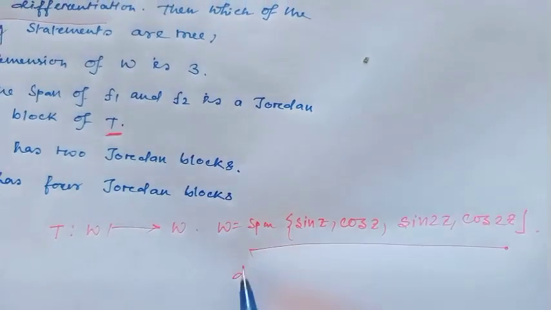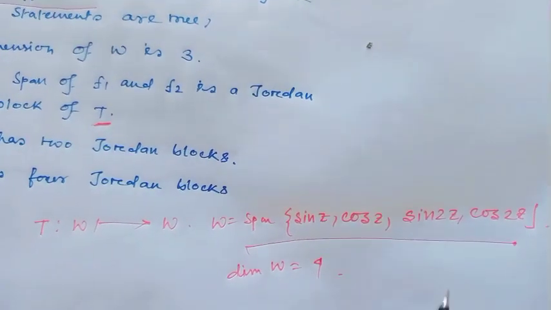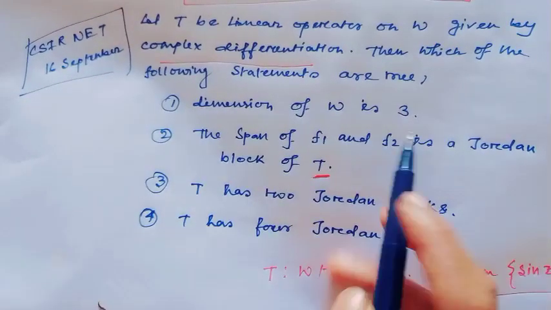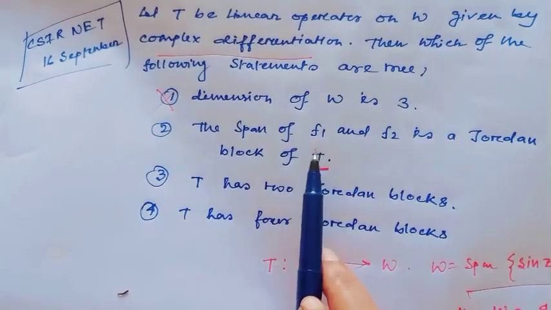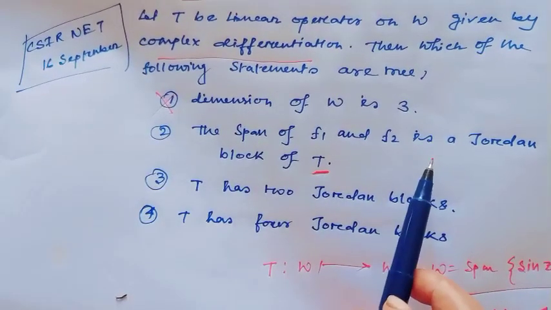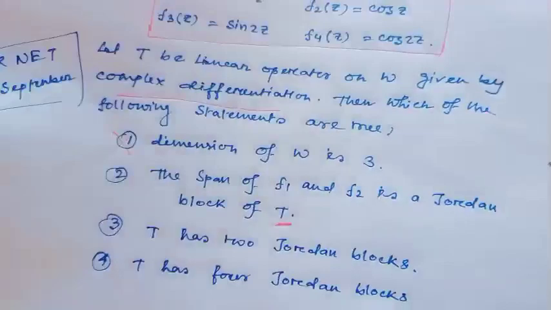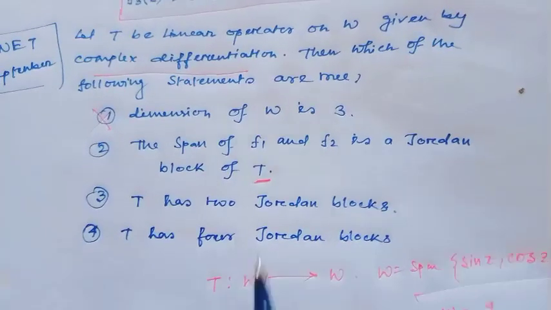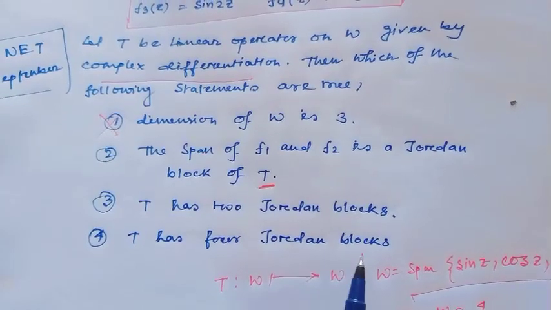So, the dimension of W is 4. Have you understood? Okay. Now let's see the question. Here the first option says the dimension of W is 3. This is the wrong option. Option 2 says the span of f1 and f2, where f1 is sin z and f2 is cos z, is a Jordan block of this linear transformation T. Option 3, T has 2 Jordan blocks. And option 4 says T has 4 Jordan blocks.